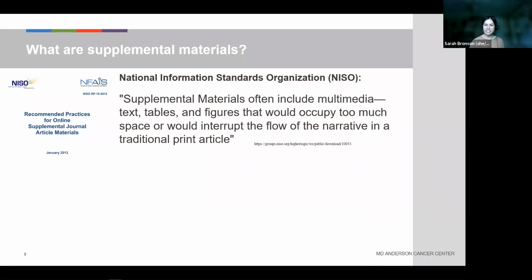And importantly, it isn't prescriptive, as in it doesn't tell you this type of thing must always be supplemental, this type of thing must always be in the main text. It's really more a descriptive bird's eye view of the practices of scholarly publishers and journal editors, and importantly, the common principles informing those practices.